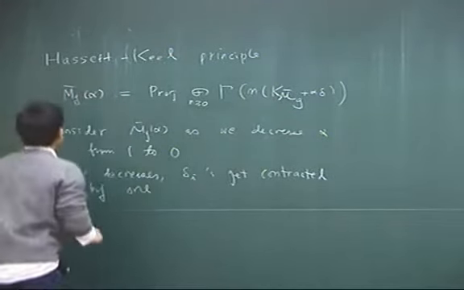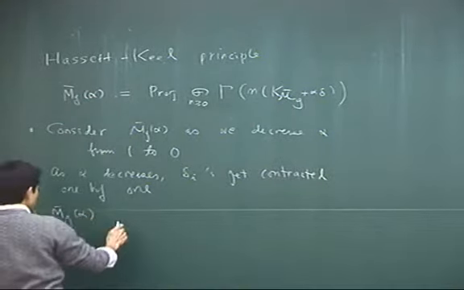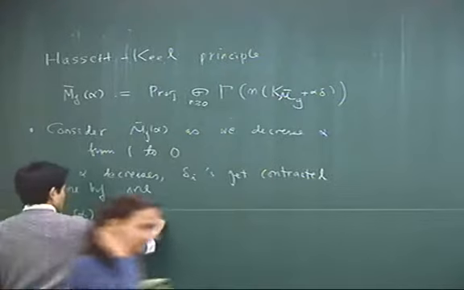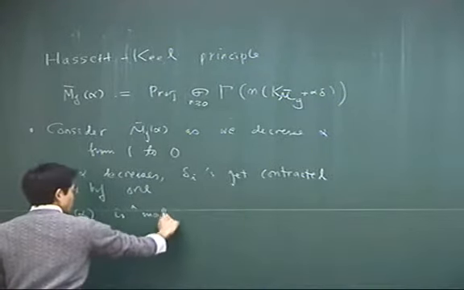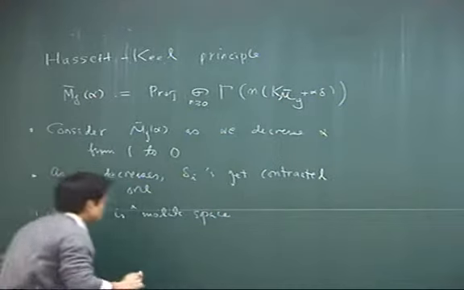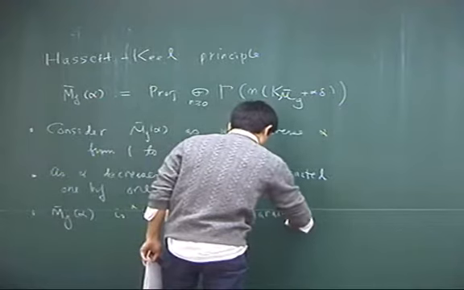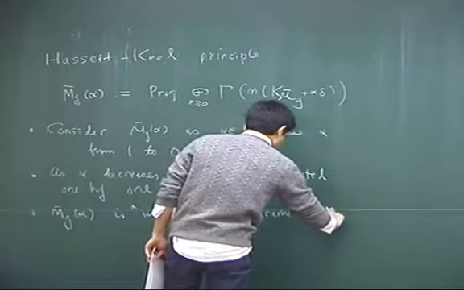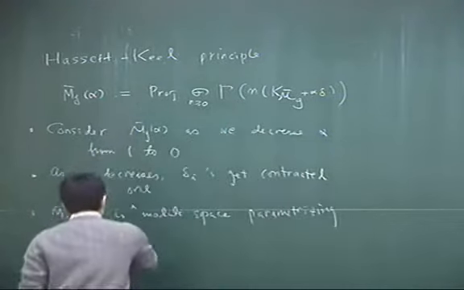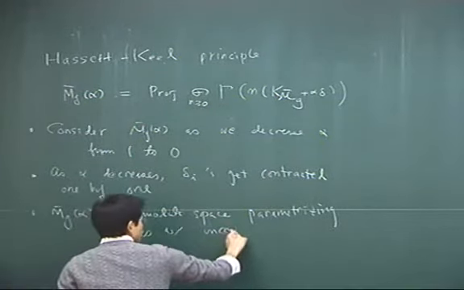And moreover, the M_g alpha themselves are moduli spaces. A moduli space itself parameterizing curves with increasingly worse singularity.